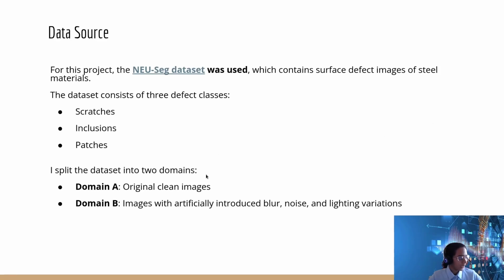The dataset consists of three defect classes: scratches, inclusions, and patches. So I split the dataset into two domains. Domain A is the original dataset as it is, clean images, well resolution, etc. And domain B, the same images where I introduced blur, noise, and lighting variations to simulate real world challenges.